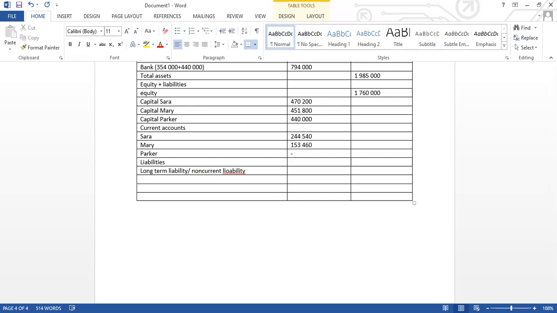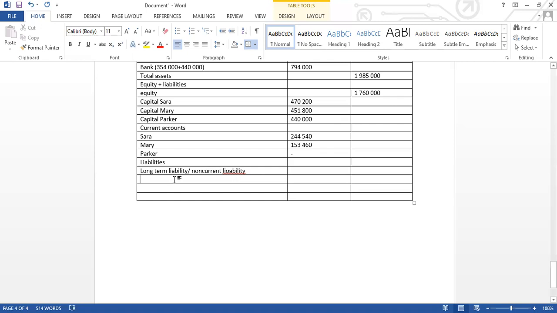So under non-current liability, remember you're also using information that is in the financial position. You compare, right? So under non-current liabilities, we have borrowings, Mega Bank, and they were not affected by the admission of a new partner. So you just write the amount as it is.